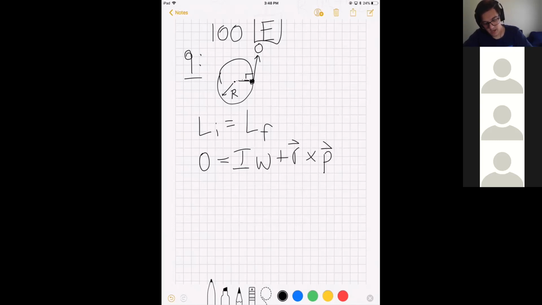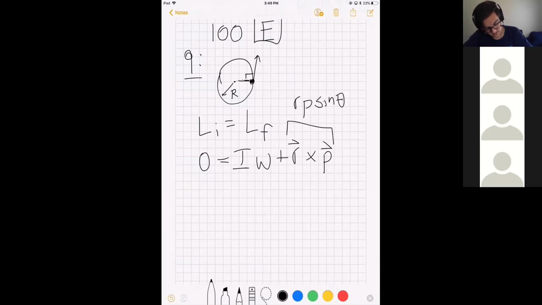So we've got this cross product. Remember that the magnitude of the cross product is given by the magnitude of each vector times the sine of the angle between them. But we established in the beginning that the angle between the velocity of the ball and the radius r is 90 degrees.